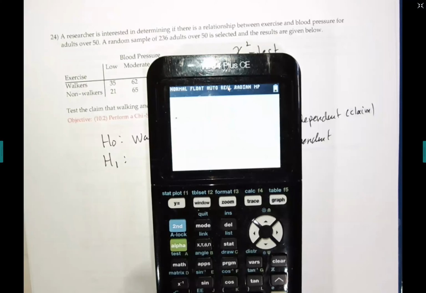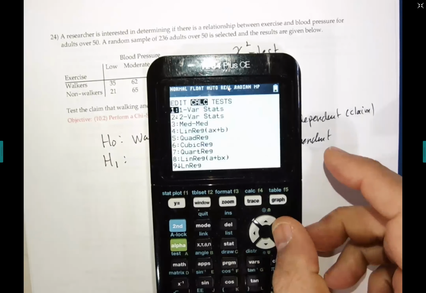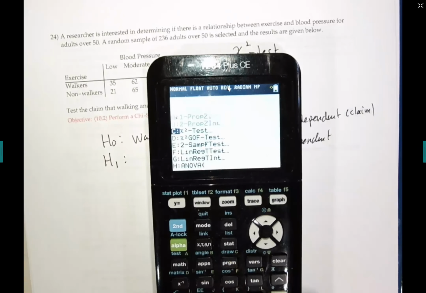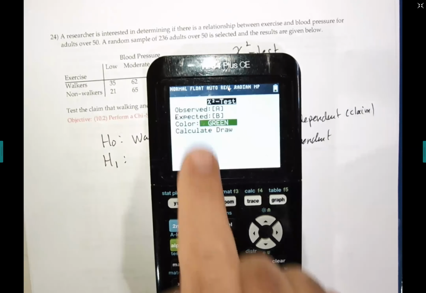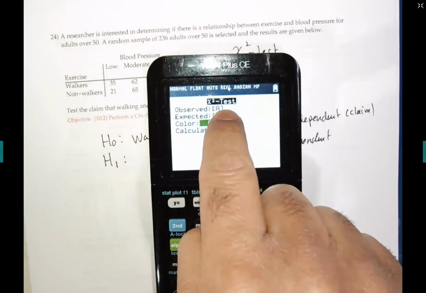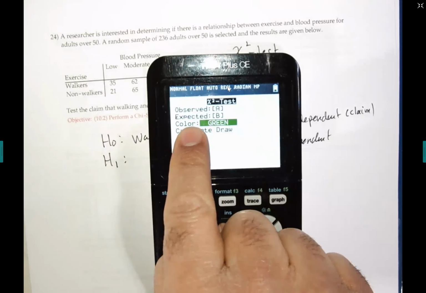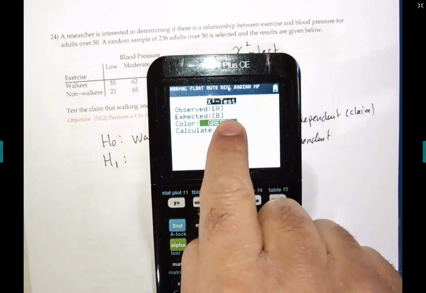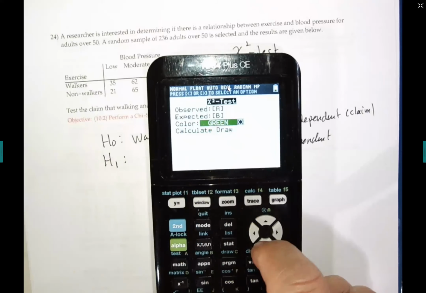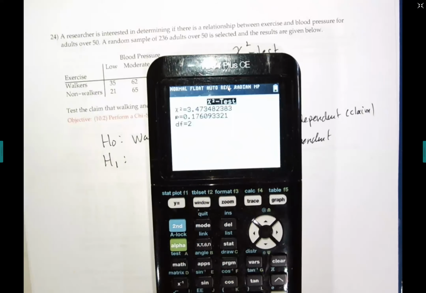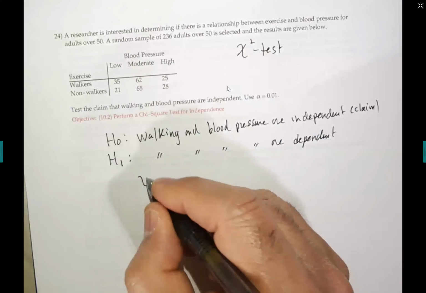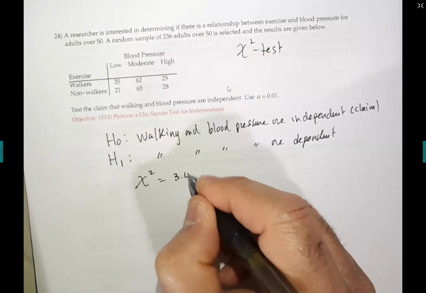Quit, go to stat, tests, scroll up, enter. You already told the calculator that I put the observed values in A. Look what the calculator is going to do for you. It's going to put the expected values in B. And then hit calculate. Okay, we're done. Chi-square is 3.473.